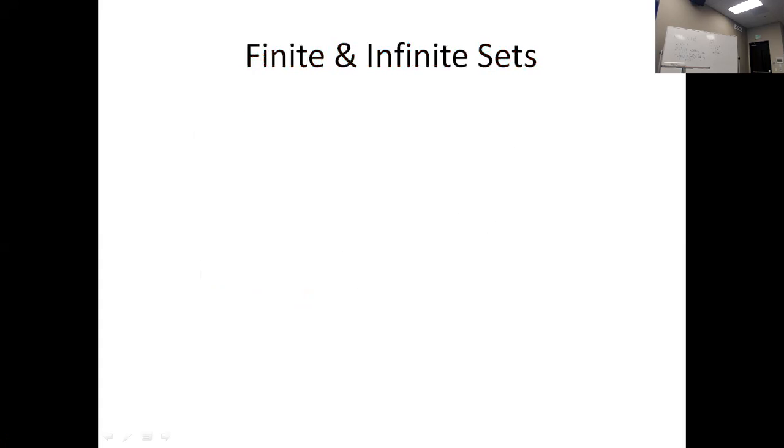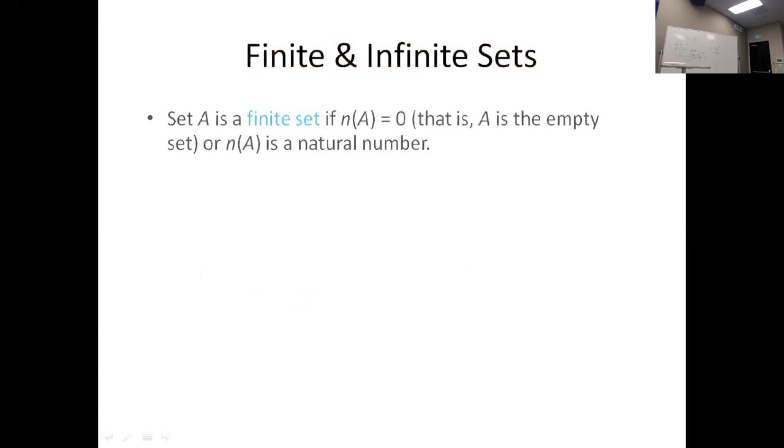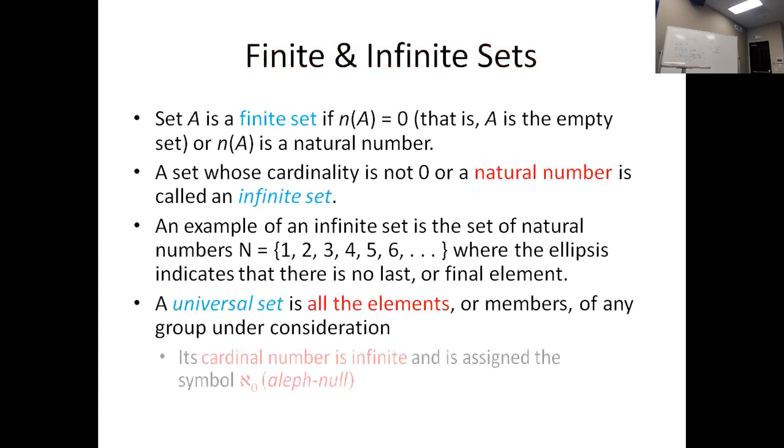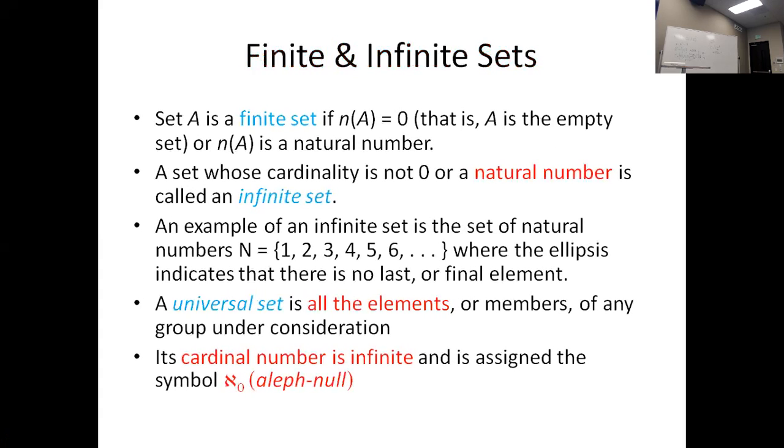Finite and infinite sets. A set A is a finite set when A is an empty set, or n of A is a natural number. That means either 0 or a natural number.